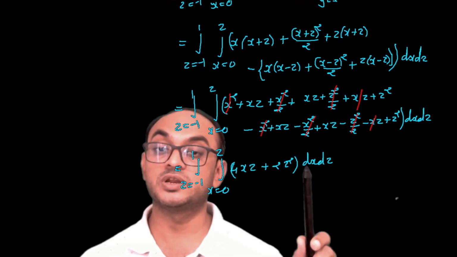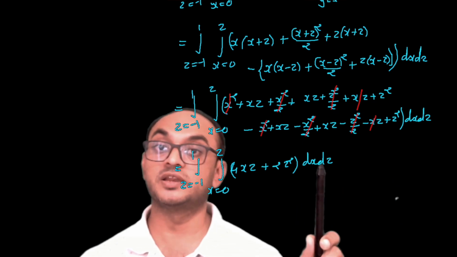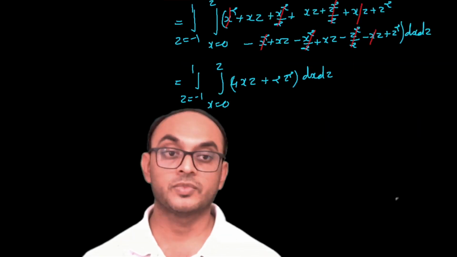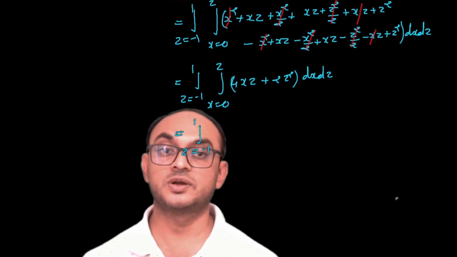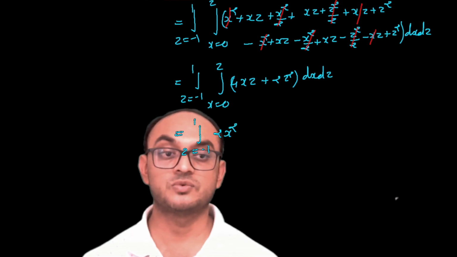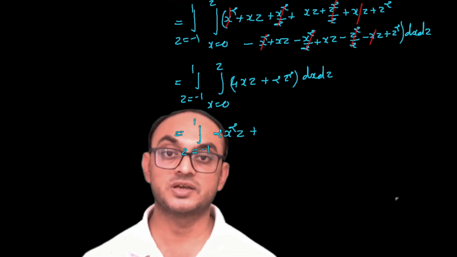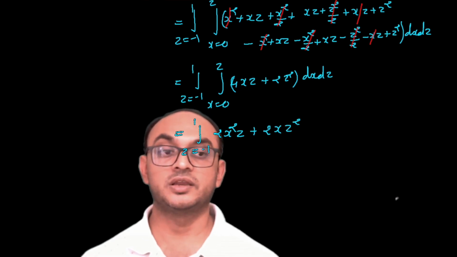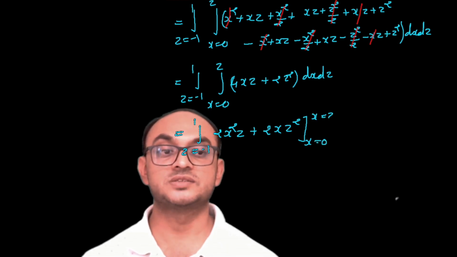Now we integrate this quantity with respect to x and then finally with respect to z. So what is the integration of this with respect to x? Equal to integration z equal to minus 1 to 1. The integration of x is x square by 2, so this is 2x square, z remains constant, plus 2z square, which remains constant, and the integration is x with x equal to 0 to x equal to z, dz.